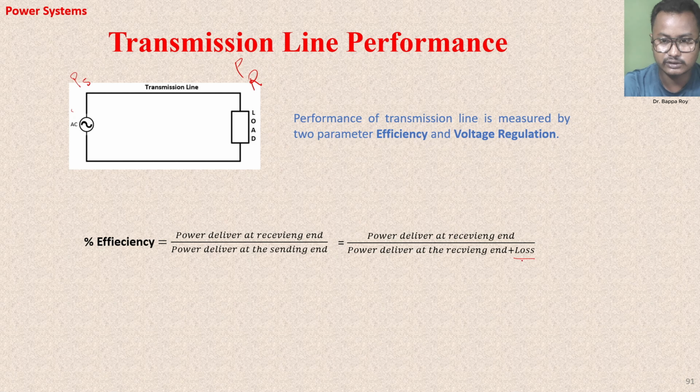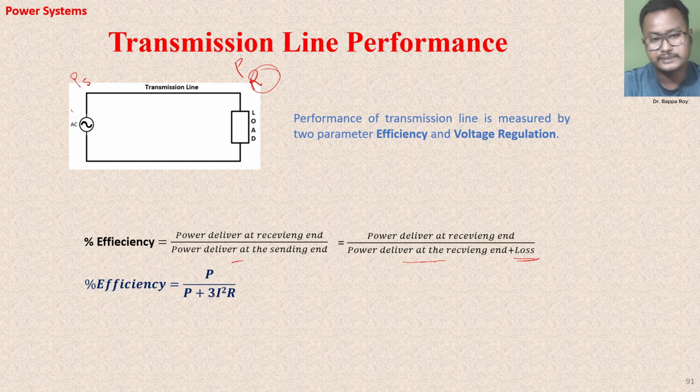So that loss plus the power we are receiving at the receiving end is the total power we are sending from the sending end. I think it's clear. So the percentage of efficiency we can write in the equation as P by P plus 3 I square R.